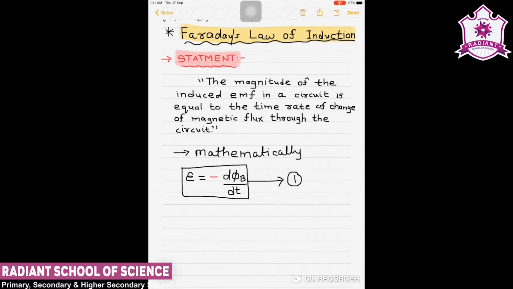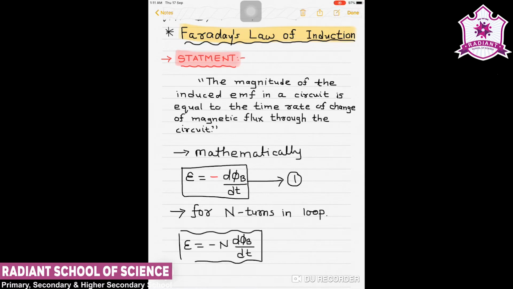If the given coil has, suppose, n turns in the loop, we can simply say that EMF equals minus N, the minus sign remaining as it is, d phi B over dt, and this can be written as equation number 2.